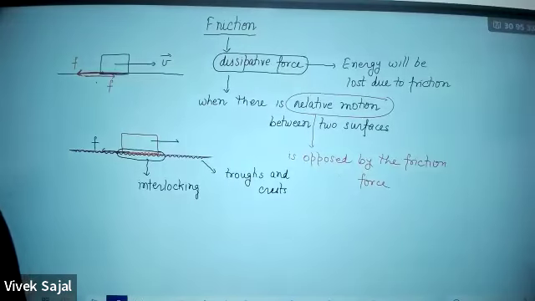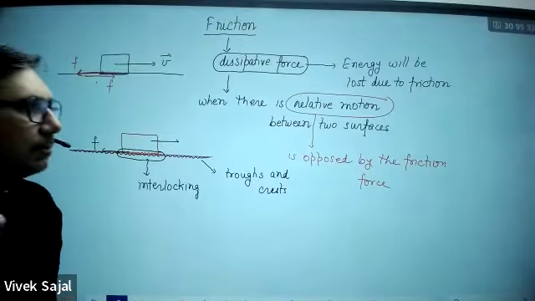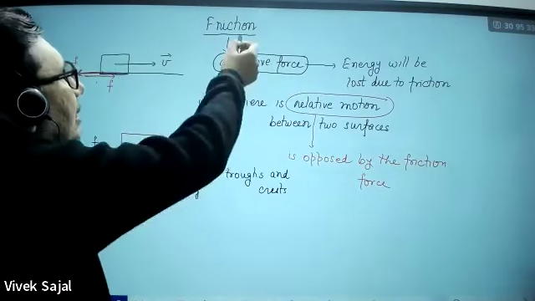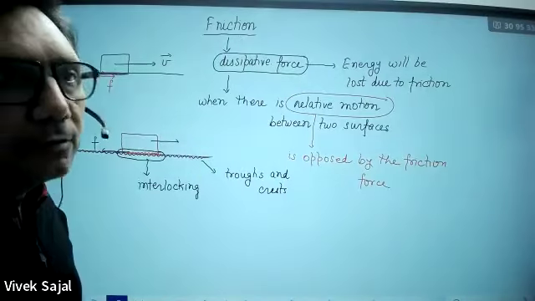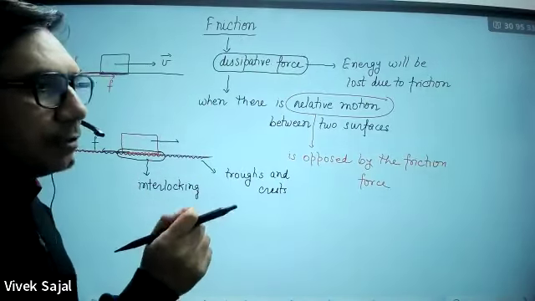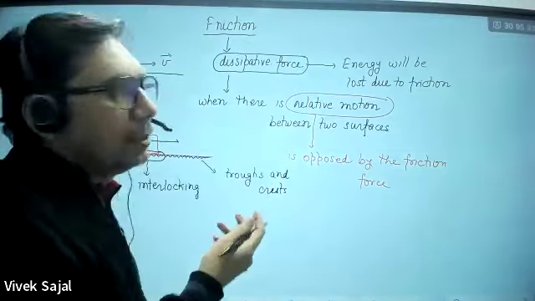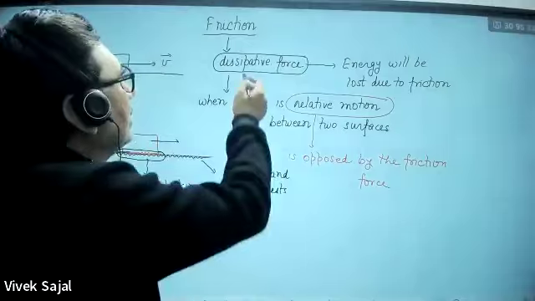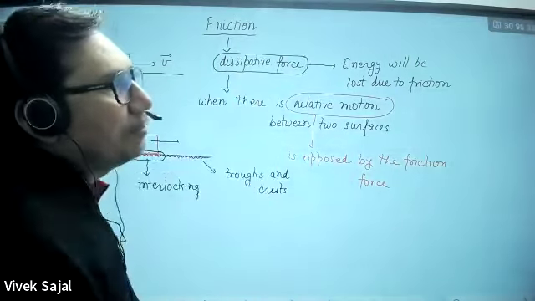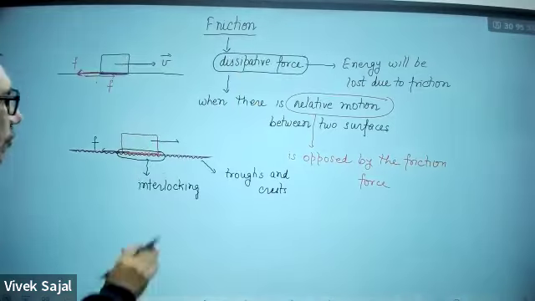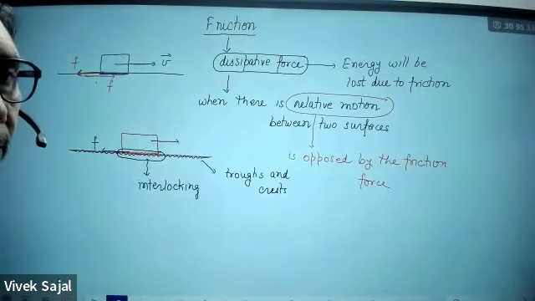So whenever there is a relative motion between two surfaces in contact, there is an opposing force acting, and that is called friction force. In this friction force, energy is always lost. That's why friction force is called a dissipative force. So this is the definition of the friction force.